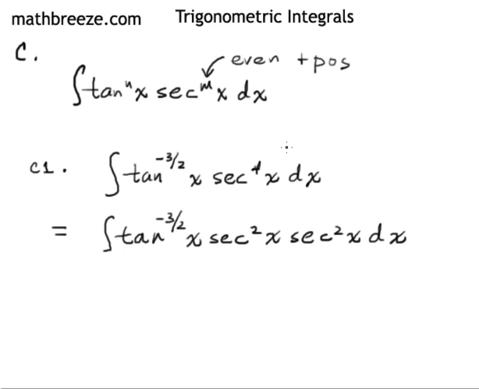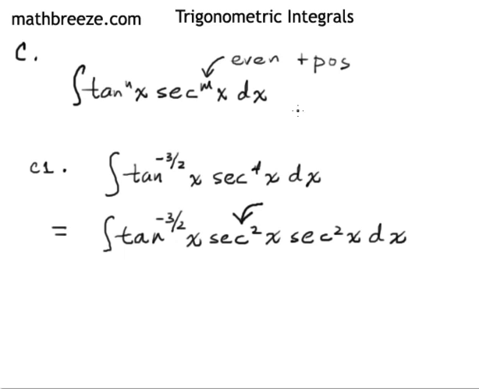Here we have tangent, and we want this secant squared expressed in terms of tangent so that we can do a u substitution and put u equal to tan x. So we're going to use another trig identity to convert this into an expression in tangent x.